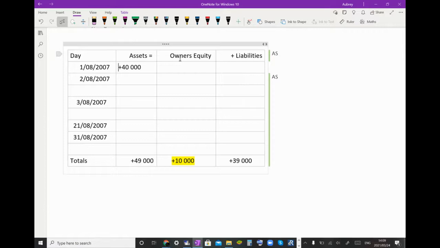We're asking ourselves, how does this transaction affect the liabilities? As a result of taking out this loan, is that increasing our liabilities or decreasing it? We should plus. So then it's a plus 30,000.